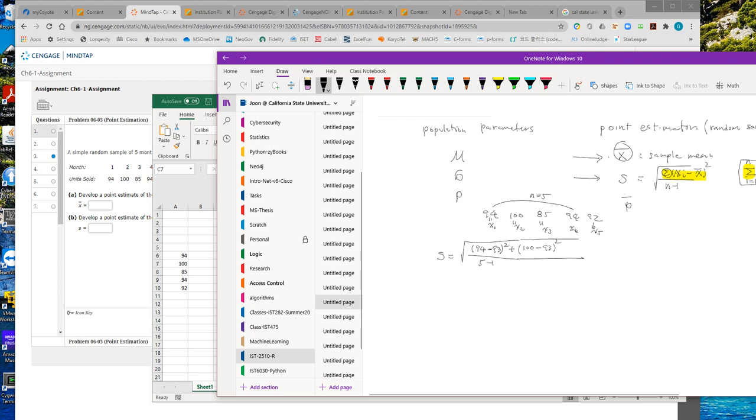This is going to be a long equation, so I'm going to skip it. You can find this value manually using a calculator. Another way is to use an Excel spreadsheet.